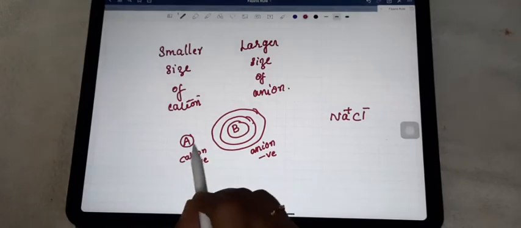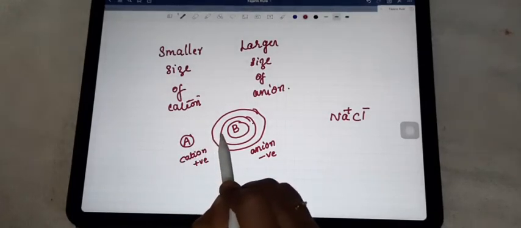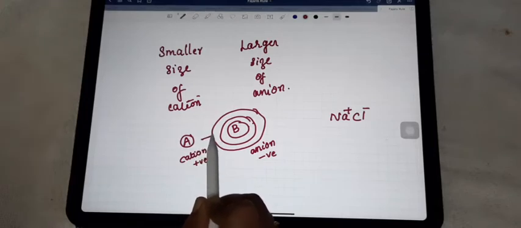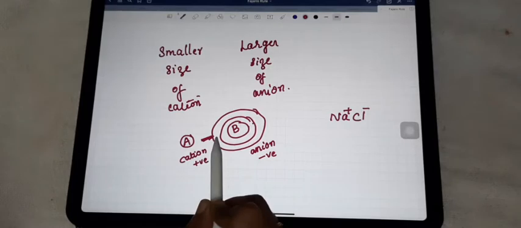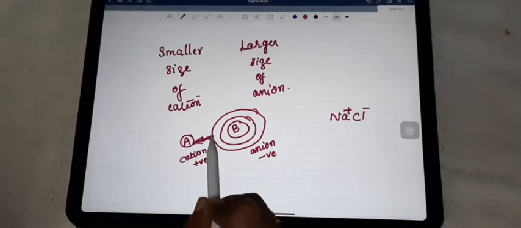So what happens is that the cation polarizes this anion. What is the meaning of that? That means this cation, because of the shortage of electrons, pulls the electronic charge of this anion towards itself. When this electronic charge goes near to the cation, what happens?